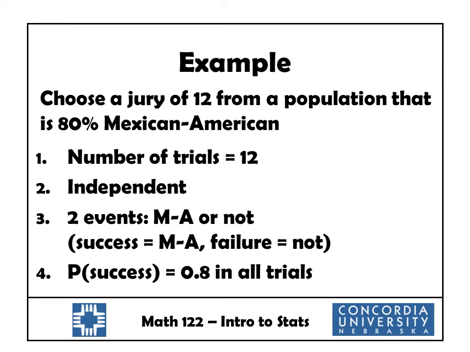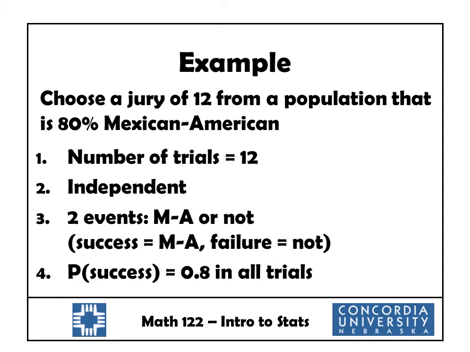Another example is one that we saw in last section. Suppose we choose a jury of 12 from a population that is 80% Mexican American. In this case we have 12 trials. Each person that we choose would be a trial. They're independent because the nationality of one has no effect on the nationality of another. We have 2 events. Either the person is Mexican American or they're not. Now that not category combines a lot of different nationalities, but we'll just combine them into one big category.